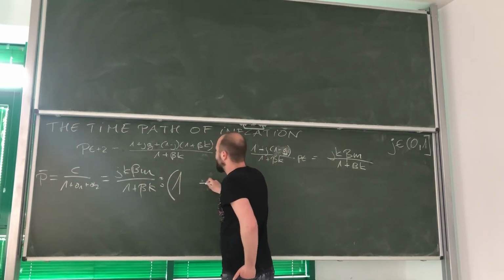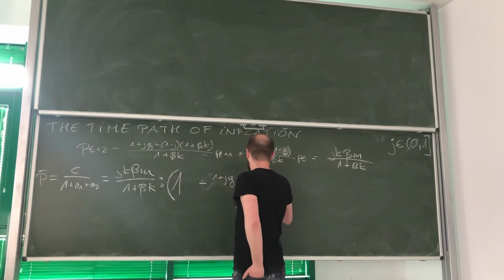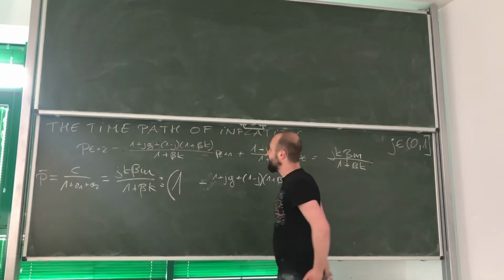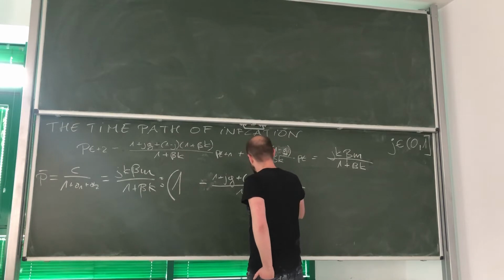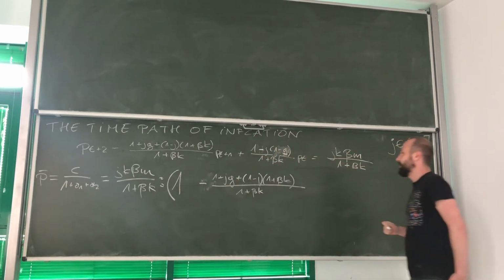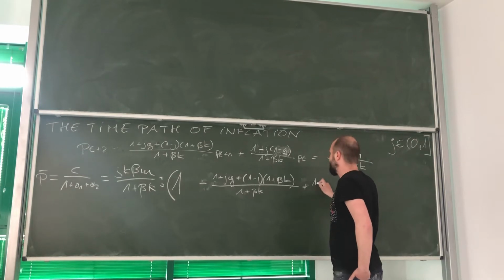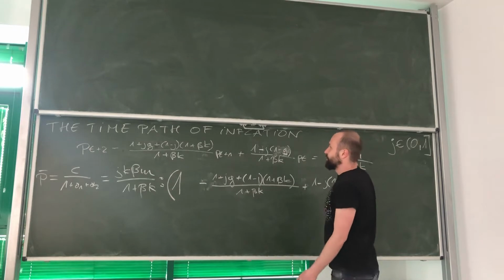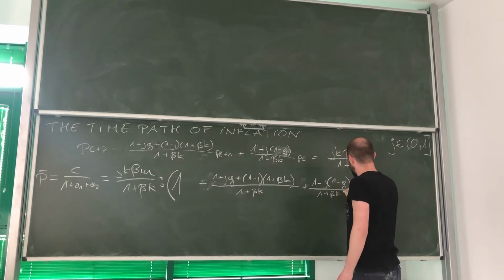So we've got minus 1 plus JG plus 1 minus J times 1 plus beta K over 1 plus beta K plus 1 minus J times 1 minus G over 1 plus beta K.